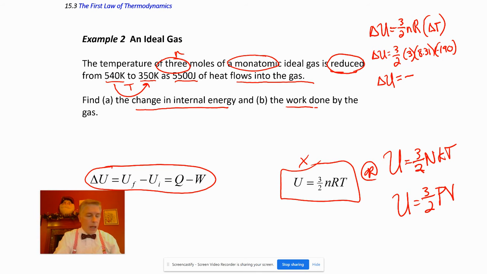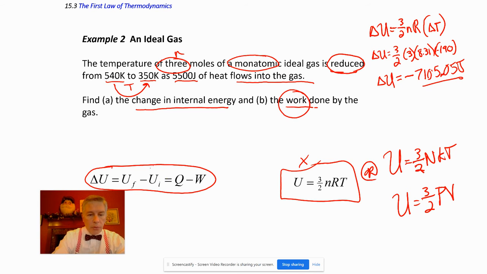So pull out my handy dandy calculator. I have 3/2 times 3 times 8.31 times negative 190, and I get negative 7105.05 joules, because that's energy.